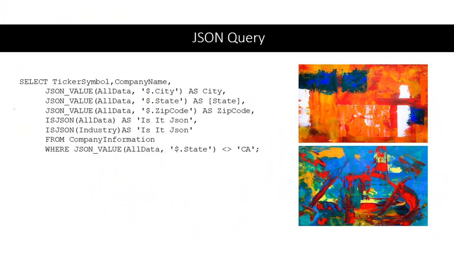Now that we have a JSON column, wouldn't it be cool to write a query on it? In fact, here's a query that looks at JSON columns as well as relational columns. So here we have ticker symbol and company name, and that is coming from the columns that are in a relational format. However, city, state, and zip code are in the JSON data.